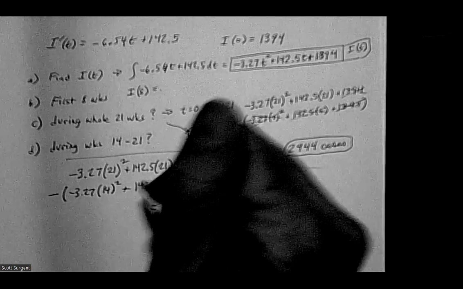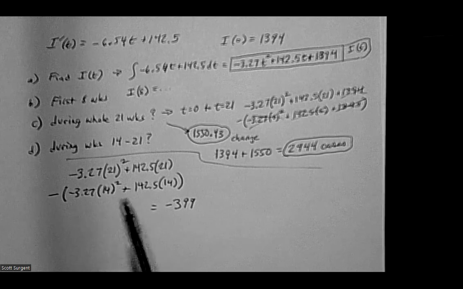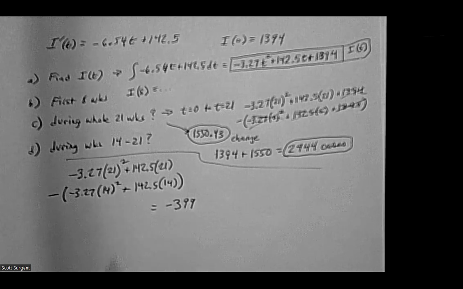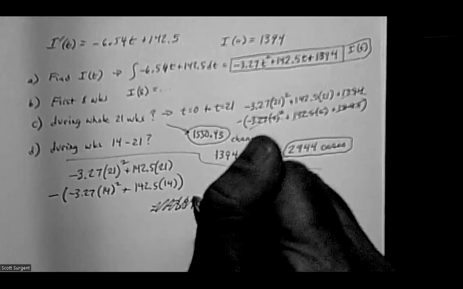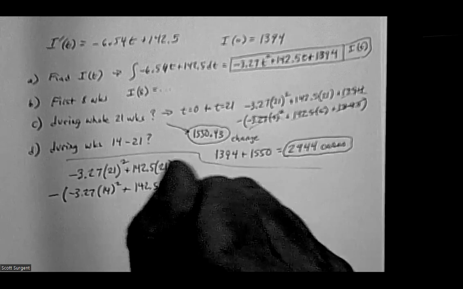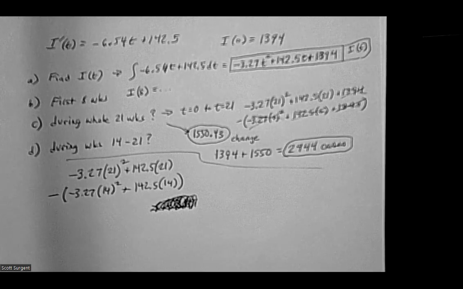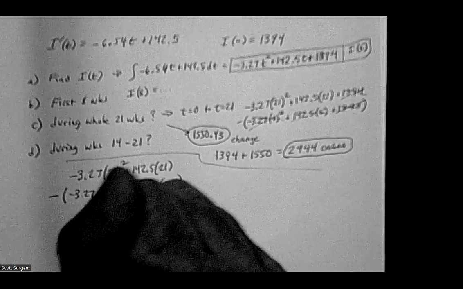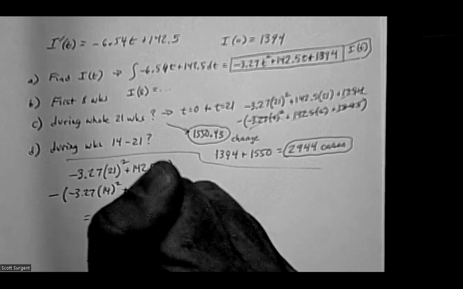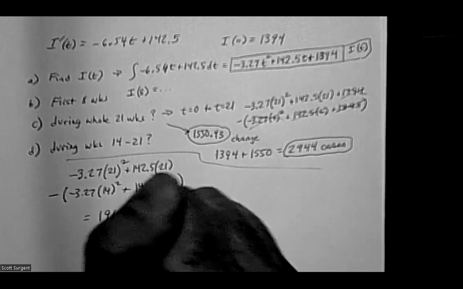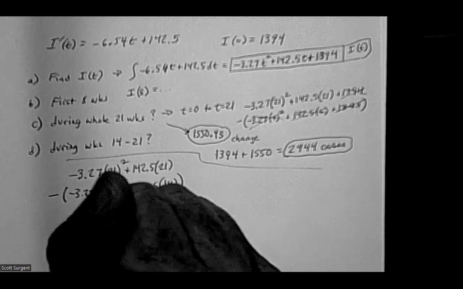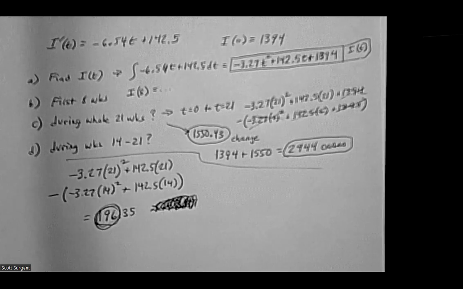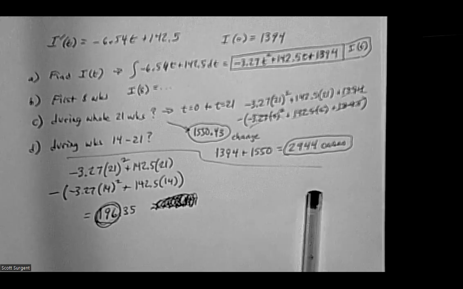You know what I forgot to do? I actually mistyped it. I didn't type in that square. Oh, how embarrassing. All right, even us professors make mistakes. Sure enough, I get 196.35. What did you say the answer was? Yep, 196. They just rounded it. All right, well, that makes me feel better.